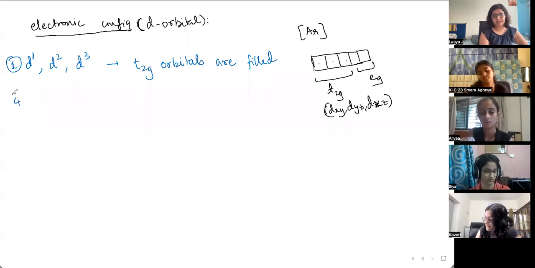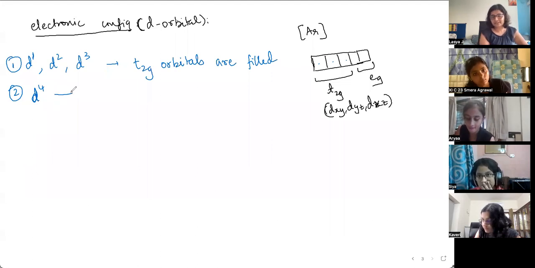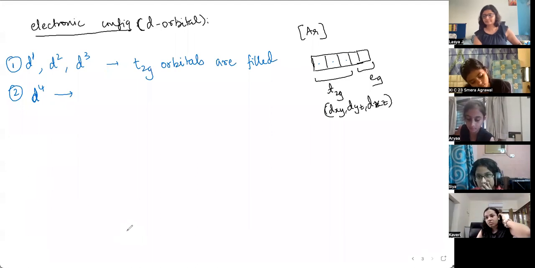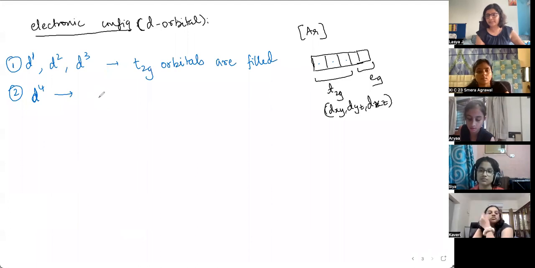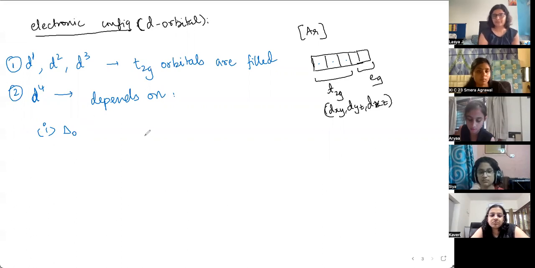Next, electron number 4. When you have the next electron, d4, where does this electron go? Here the splitting matters. This depends on 2 things. One is delta naught, which is the splitting energy.